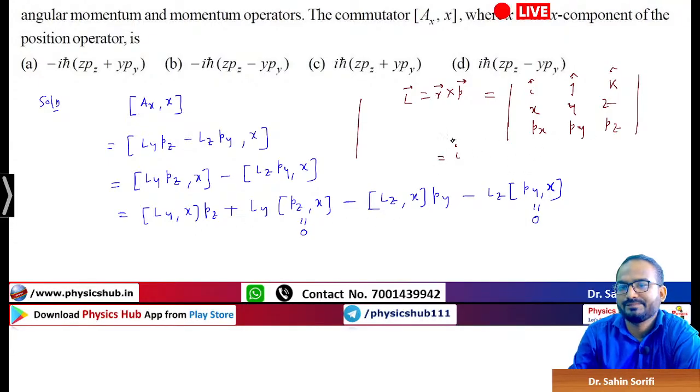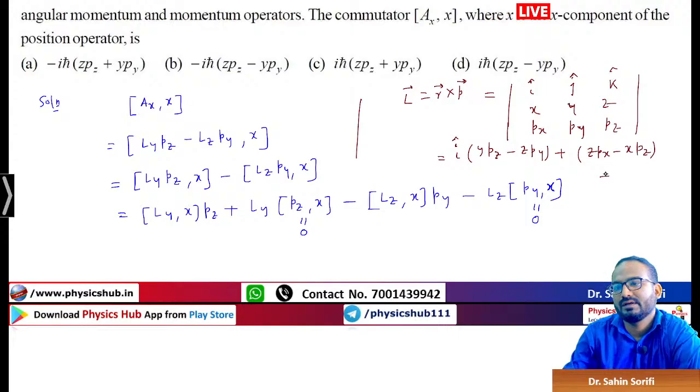So i cap, you see, y Pz minus z Py, next plus j cap, z Px minus x Pz, and k cap, x Py minus y Px.